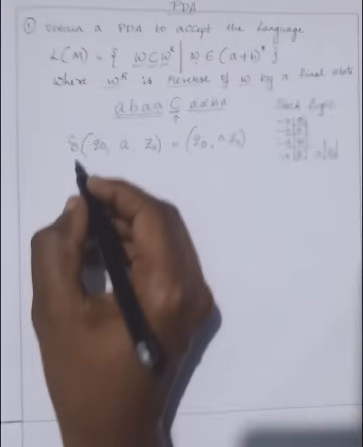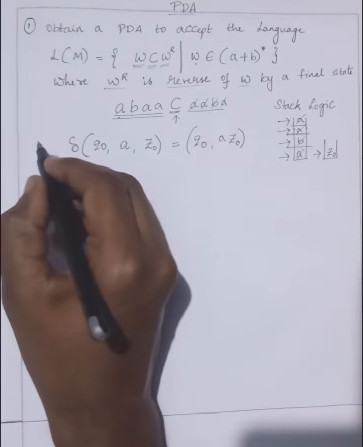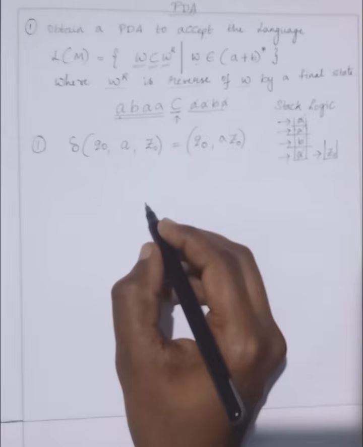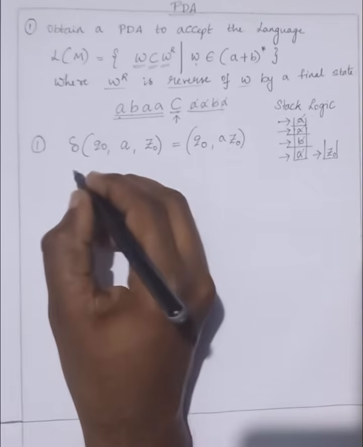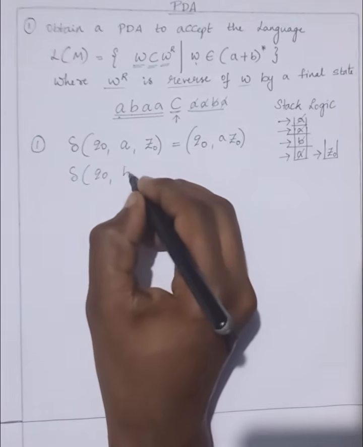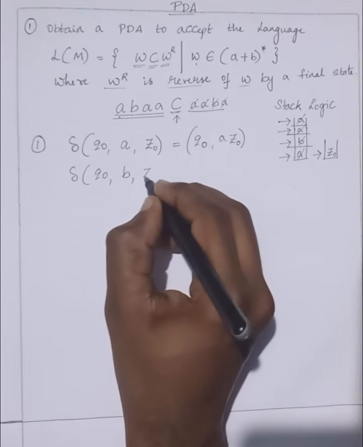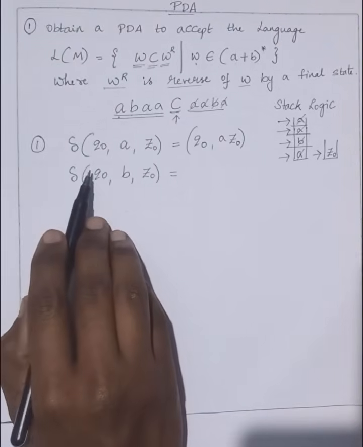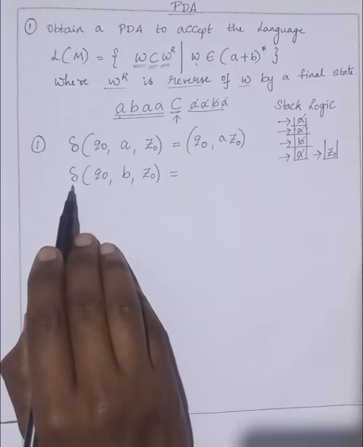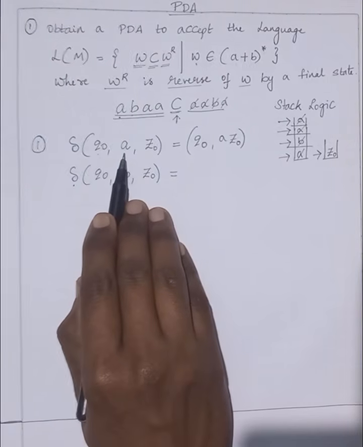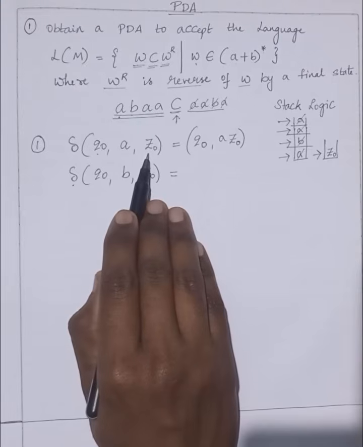So the first step starts like this. We have two sets of inputs, that is A input and B input. We write transitions Q naught on A and Q naught on B, where the top of the stack is empty. Let me tell it once again: we have a transition with Q naught, A as the input, and Z naught as the top of the stack.